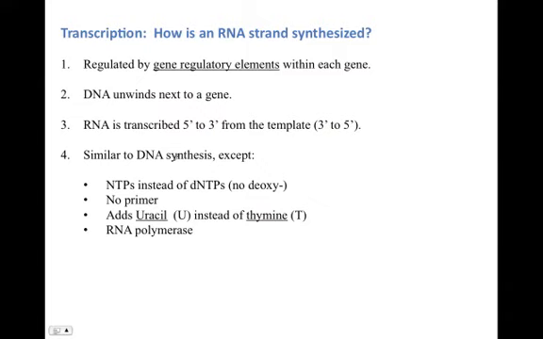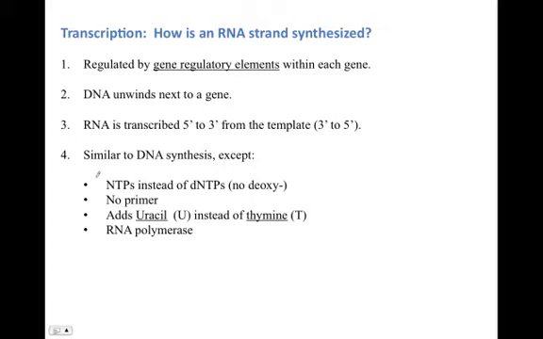So how is this RNA strand synthesized? Unlike DNA replication, which just required an origin of replication, transcription is regulated by regulatory elements within each gene. Once transcription is initiated, the DNA unwinds and the RNA is transcribed in the 5' to 3' direction from the template.